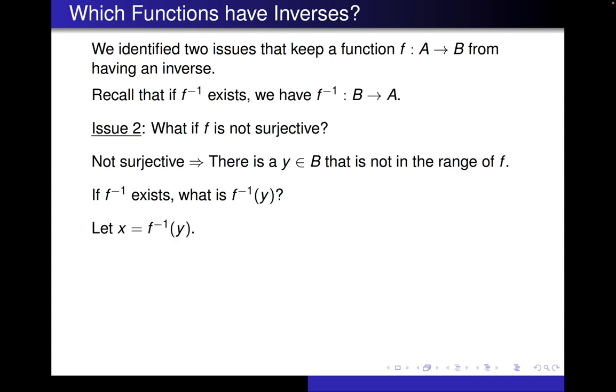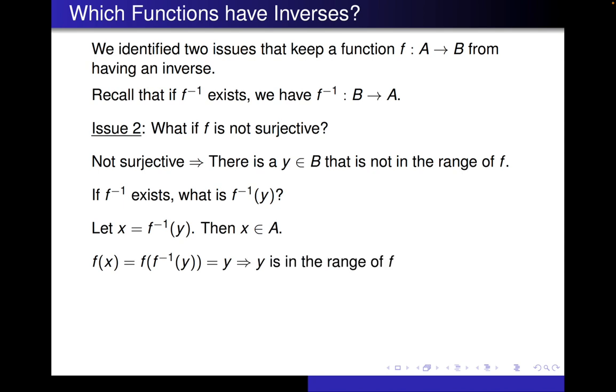So what is f inverse of y? Let's see if we can figure that out. Let x be f inverse of y. Then x is in A, since the codomain of f inverse is A, and so we could take f of x. Well, what's f of x? We know x is f inverse of y, so f of x is f of f inverse of y. The f and f inverse cancel each other out, and that gives us y, which is an issue.